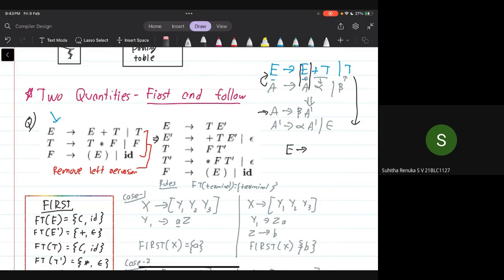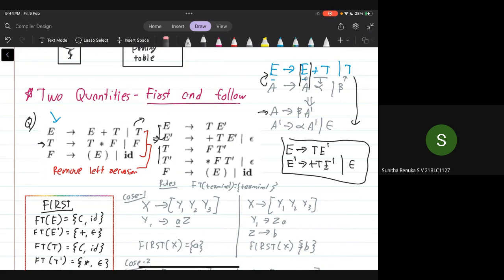E goes to T E dash, and E dash goes to plus T E dash or epsilon. Okay, done. So they removed this left recursion and got these two rules. Same thing for this one. They removed it and got these two.